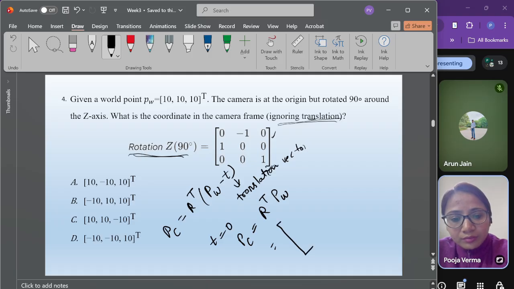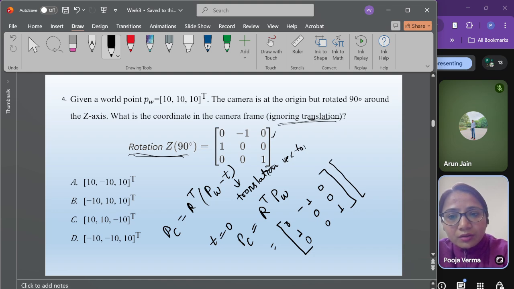So here the matrix is 0 -1 0, 1 0 0, 0 0 1. This is our rotated matrix, and our P_W, the world points, are 10, 10, and 10, right?